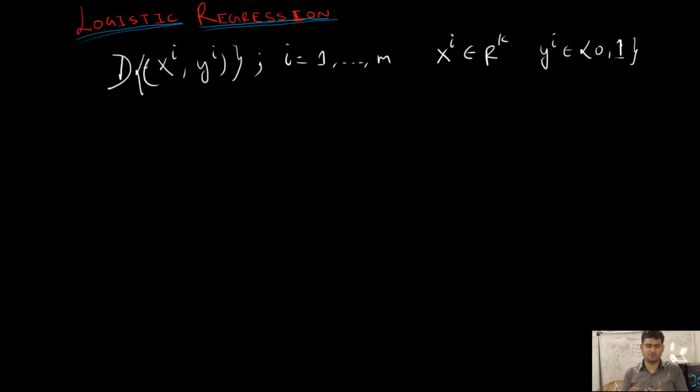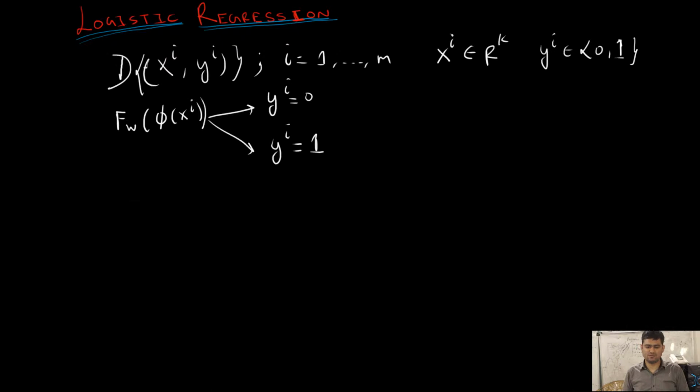So we want to learn a functional mapping fw of phi of xi that learns the degree of belief as to yi being 0 and yi being 1.